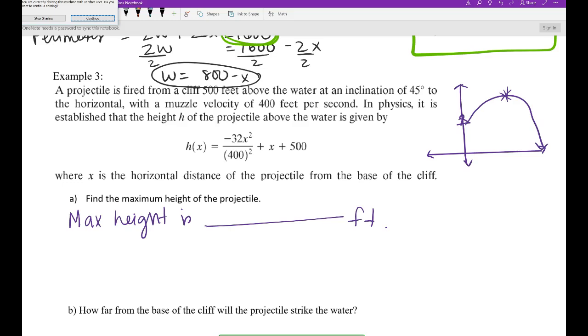The largest x is going to happen when it hits the water. When it hits the water, y has to be 0, right? So y is 0, what happens when you try to solve for x? It's really big numbers. They're just guessing. I would start putting in 500 and keep on increasing.